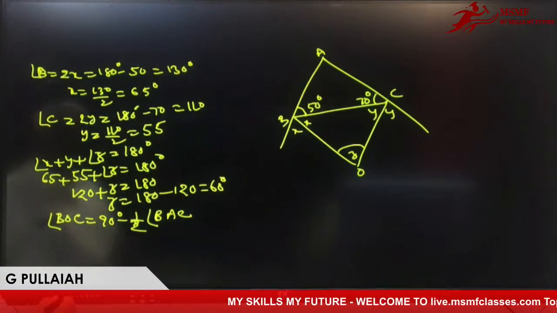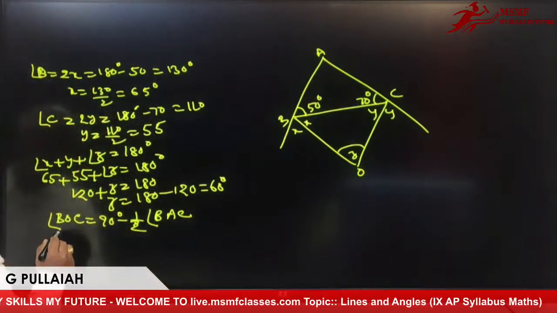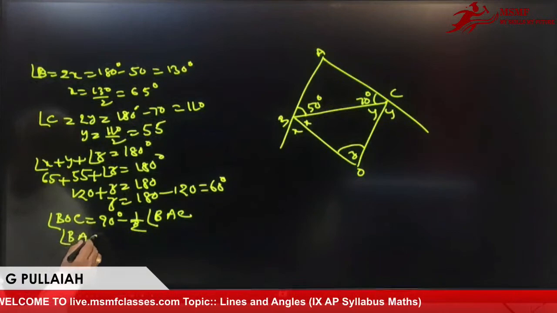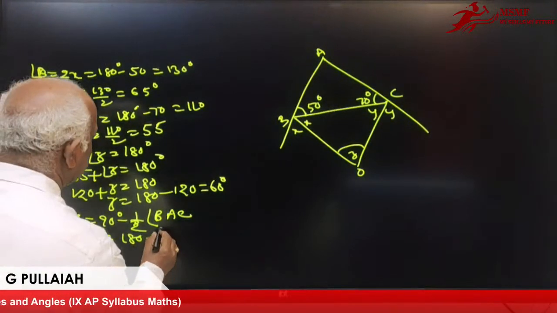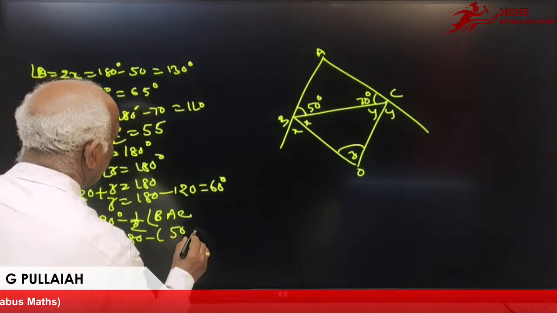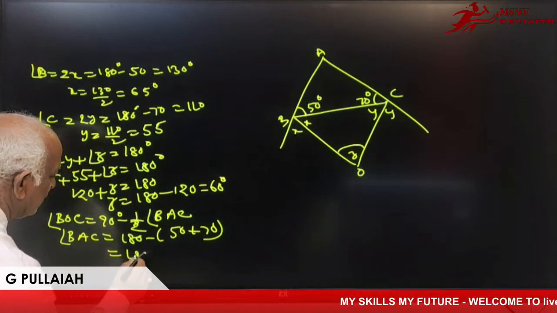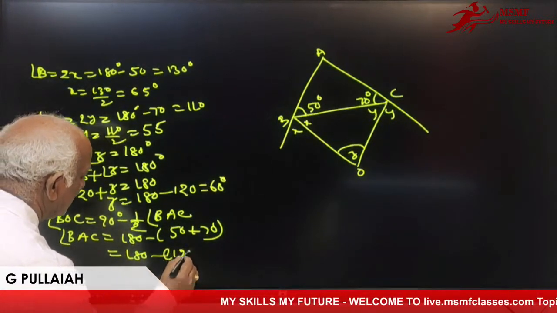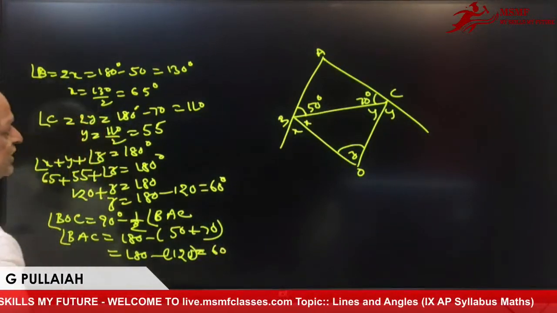Now BAC is 180 minus (50 plus 70), that is equal to 180 minus 120, that is nothing but 60.